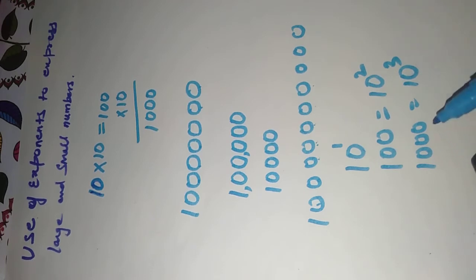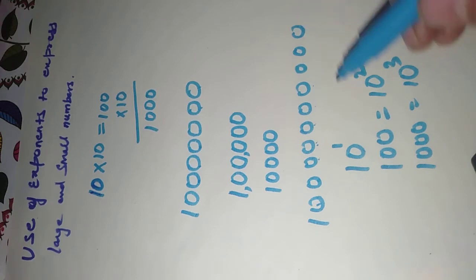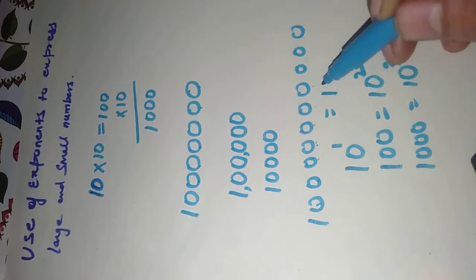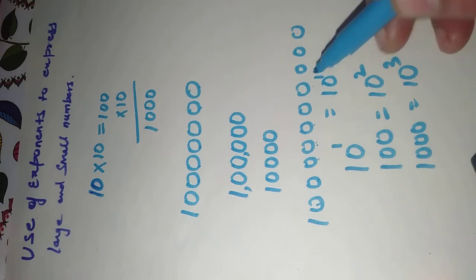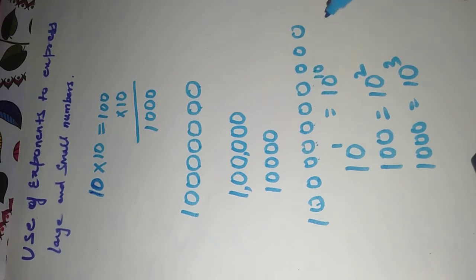That is, as many zeros, as much is the power. So this number can be written as 10 to the power 10. We are writing in this way, and we can express the number in terms of the exponential power.